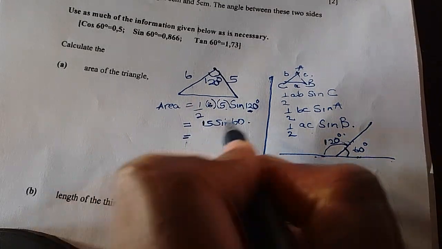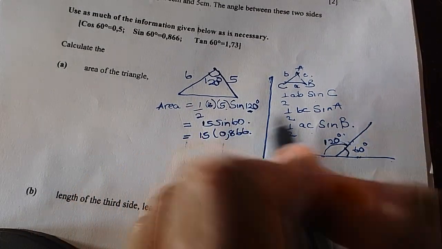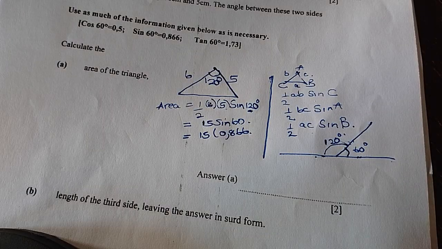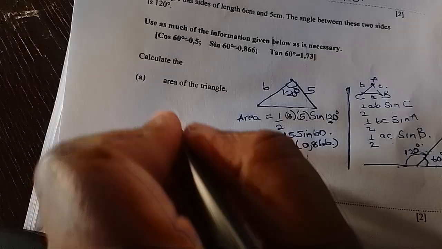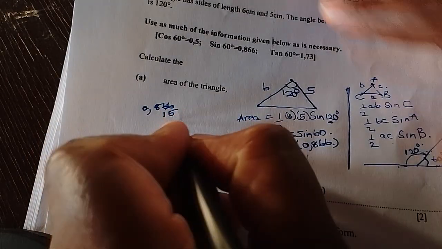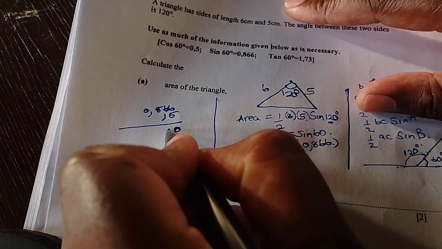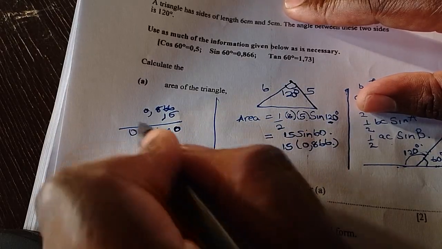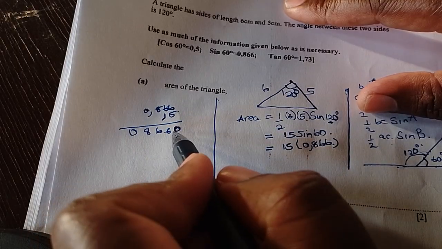So we now have 15 times 0.866. Then we multiply. We are multiplying 0.866 by 15. 0 is a placeholder, 1 by 6, 1 by 6, 1 by 8, 1 by 0. This is the result.